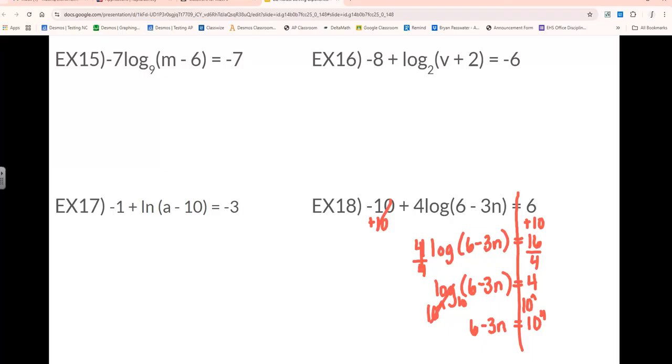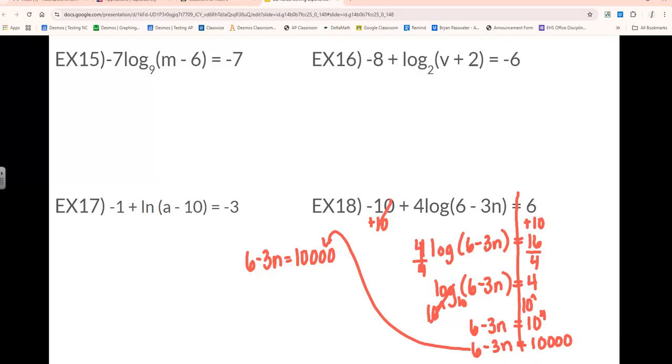I can just do 10 to the 4th. It's going to be a pretty big number because it's 10 times 10 times 10 times 10. It is going to be 10,000. It is just a 1 with 4 zeros. There. We're almost there. I'm running out of room, so I'll skip over here. So 6 minus 3n equals 10,000.